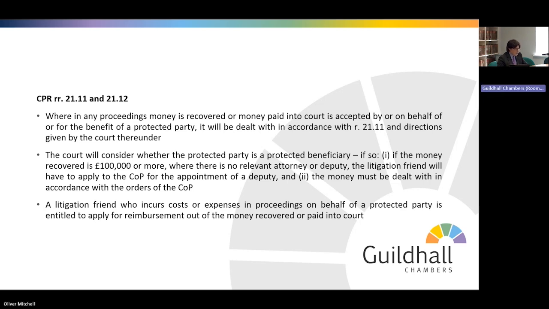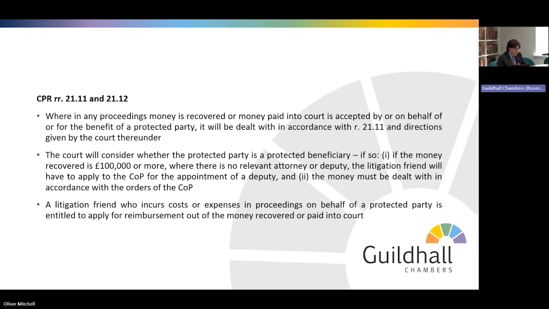In dealing with this, the court will consider whether the protected party, who lacks capacity to litigate, is also a protected beneficiary. And that's the definition that I referred to earlier of someone who also lacks capacity to control and manage the money they're receiving.